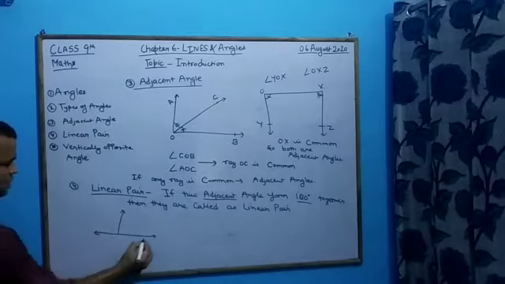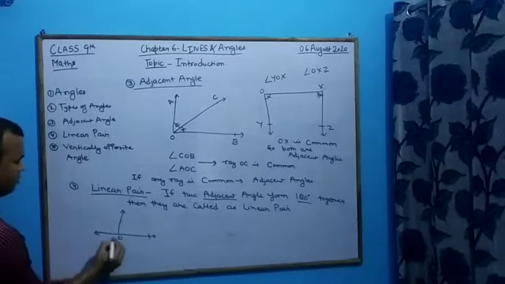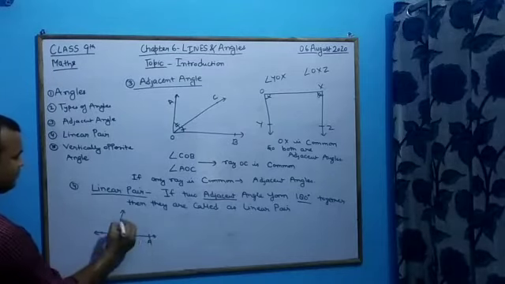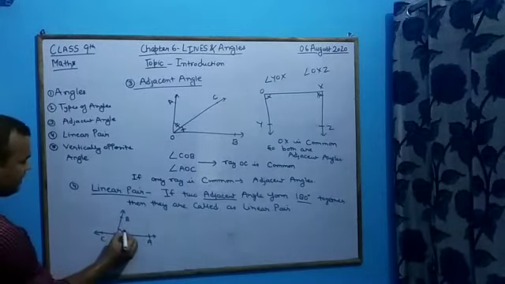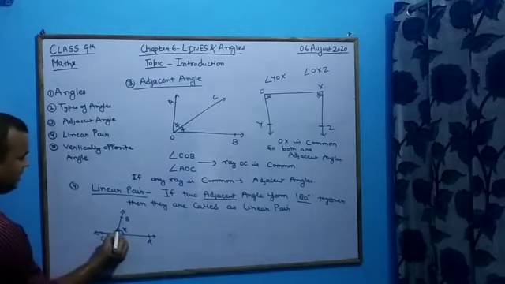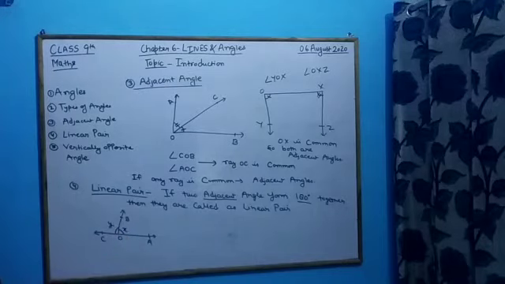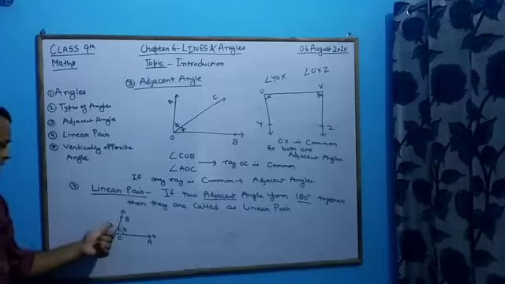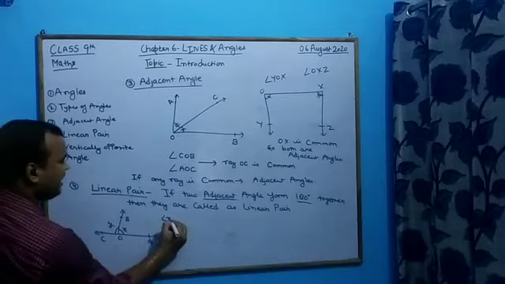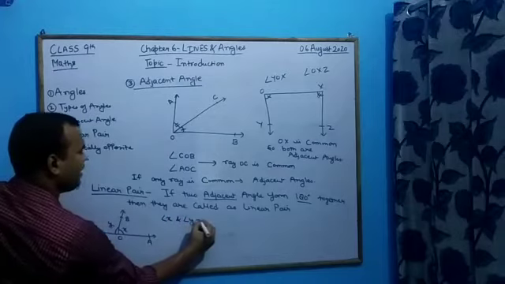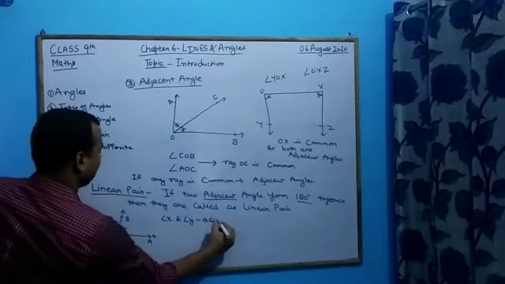Let us draw two angles. Mark them A, B and this is C. Let this be angle X and this be angle Y. Here angle X and angle Y are both adjacent.